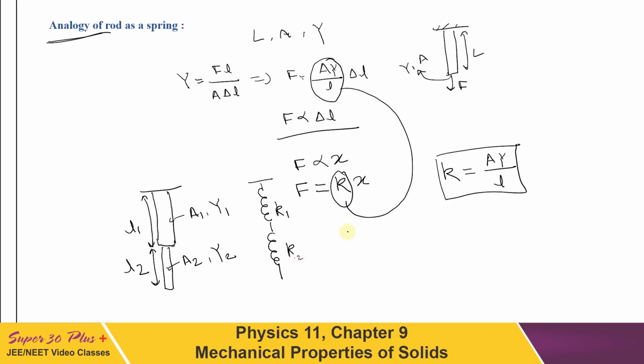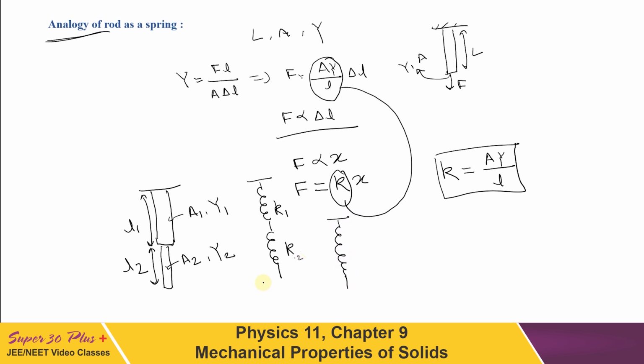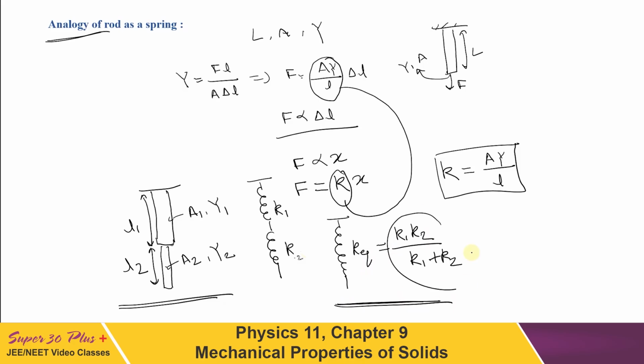And as we know that if two springs are connected in series, then we can replace these two springs with an equivalent spring, where K equivalent can be written as K1 K2 upon K1 plus K2. So the given combination of wire can be replaced by this spring model, where K equivalent will have this value.